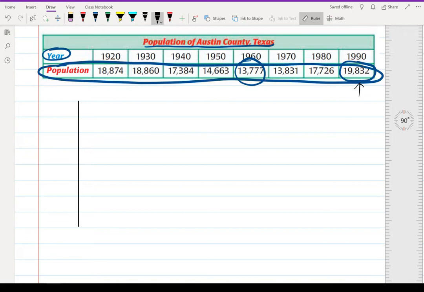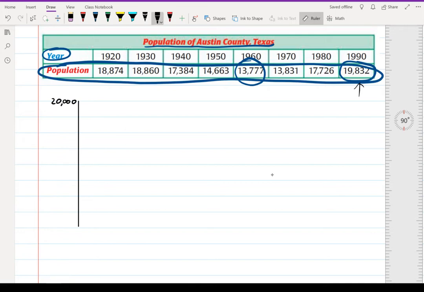I think it's good to round it to the nearest thousand. So I would put this as 20,000, okay? And then if I do 1,000s, then that'll be 20,000, 19,000, 18, 17, 16, 15, 14, 13. I think that works. Okay, so I'm gonna use an interval of 1,000.